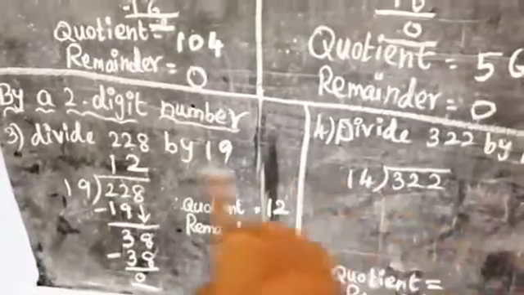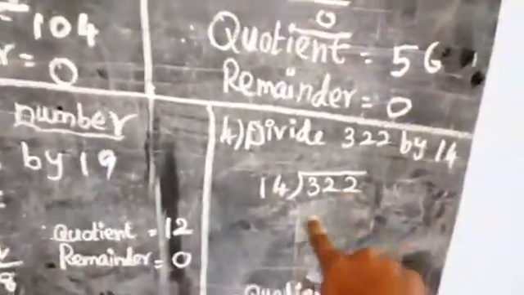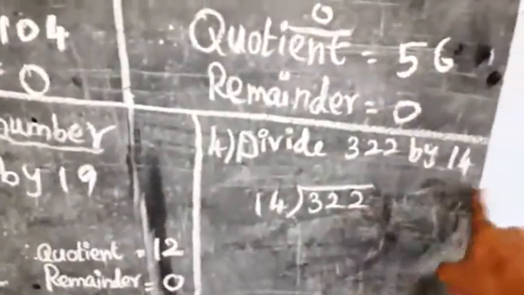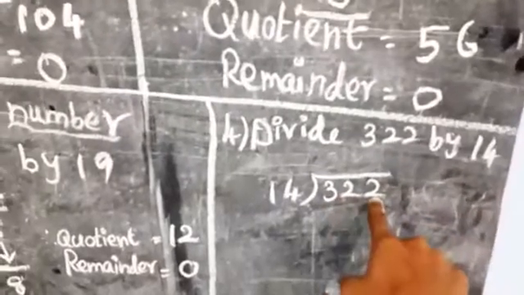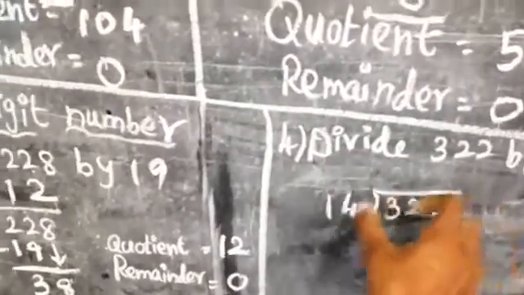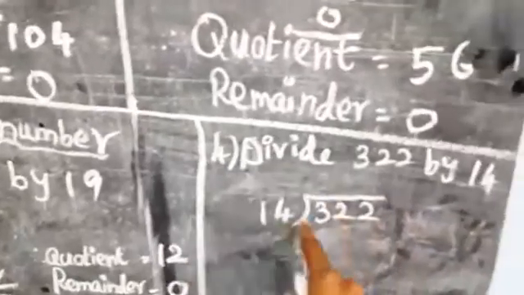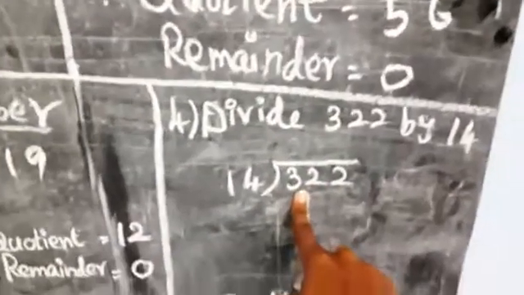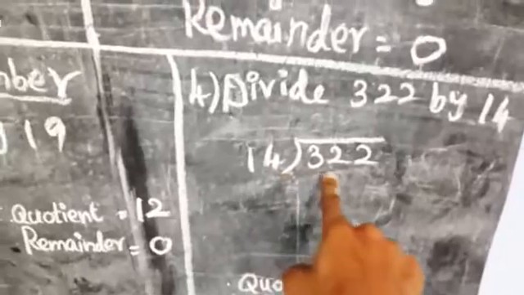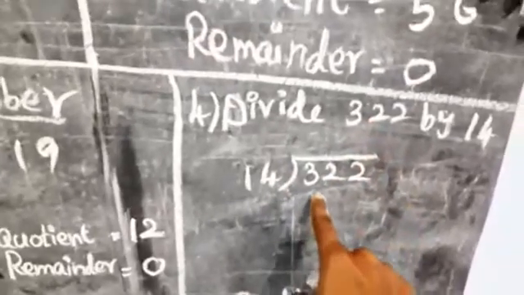The fourth sum, by a 2-digit number: 322 by 14. So 322 is the dividend inside, and 14 is the divisor outside. You take 2 numbers. How many 14s in 32?